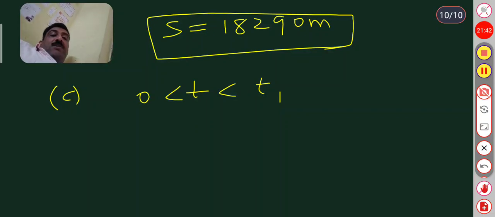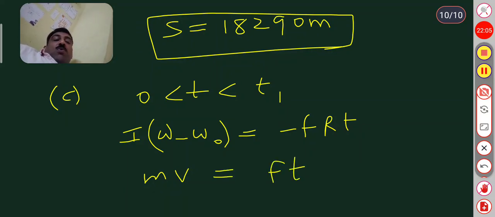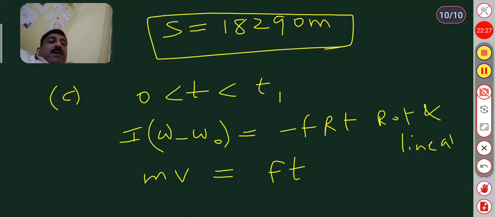Your equation of motion is I into omega minus omega 0 is equal to minus F R T, and the linear motion m v is equal to F into T. This is what you get on integrating the rotational torque and the linear force.